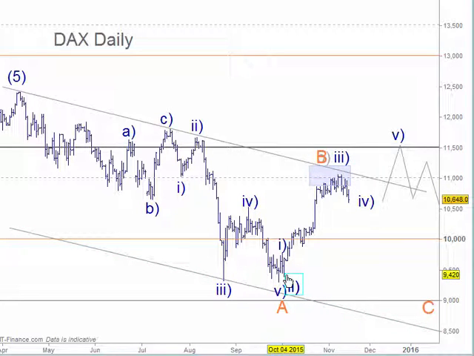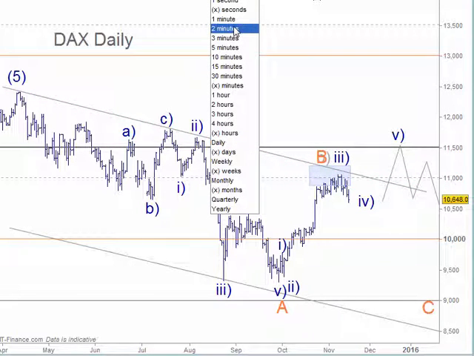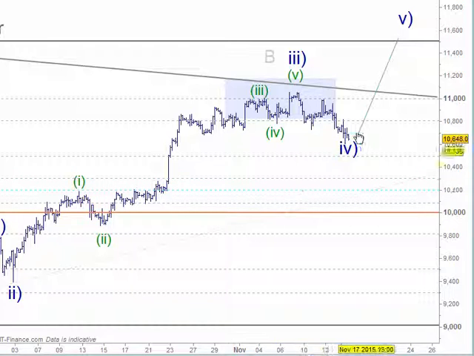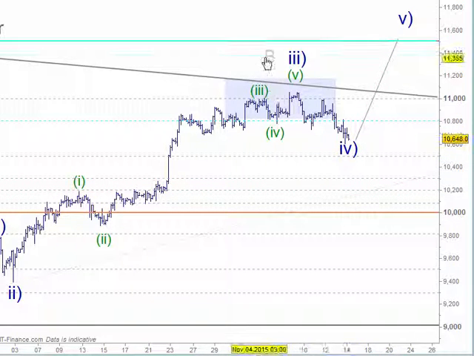We can squeeze it and make it fit, but realistically, we just need to be careful in this space here. But let's go in and have a look at it in terms of being a corrective wave 4 in here, not forgetting that it can be a wave B here as well.